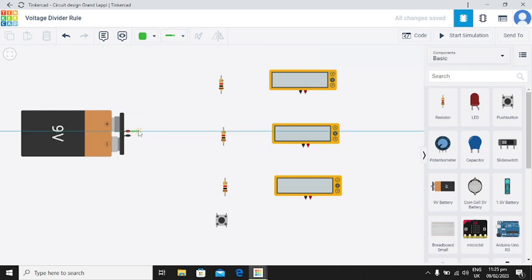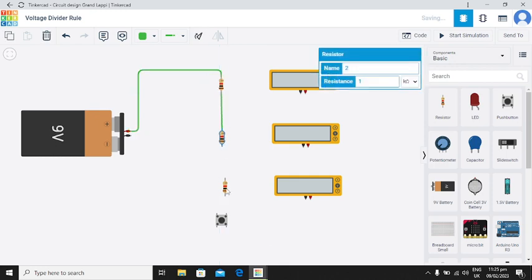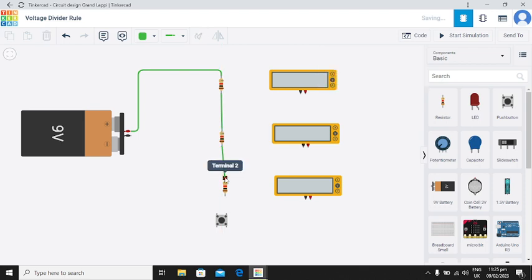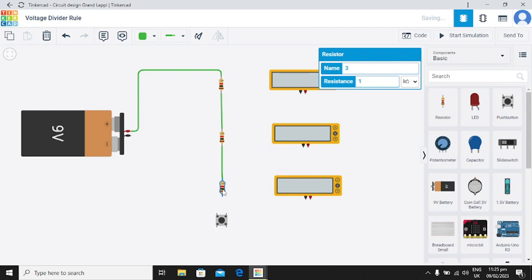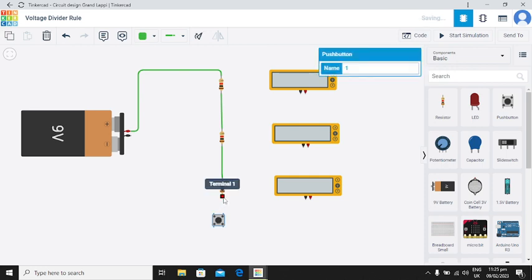So let's connect the wires to resistors and multimeters. Okay, connect this 1, 2, 3. Okay, and the last one.